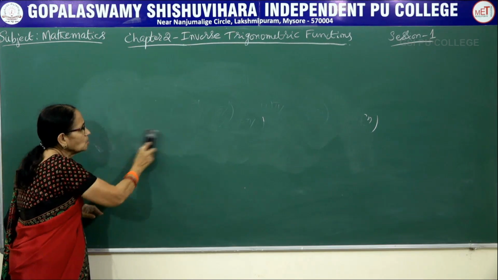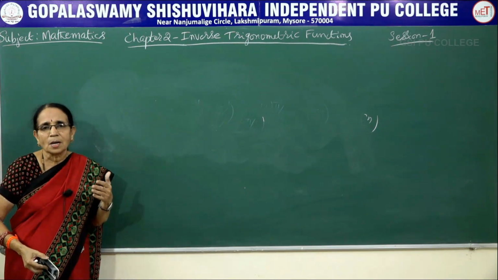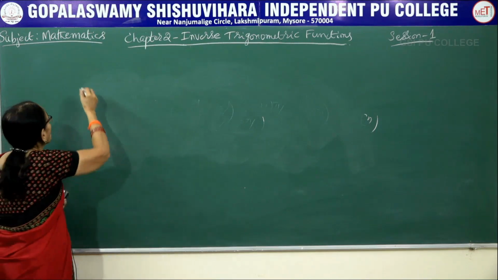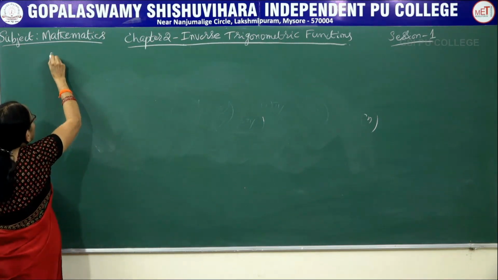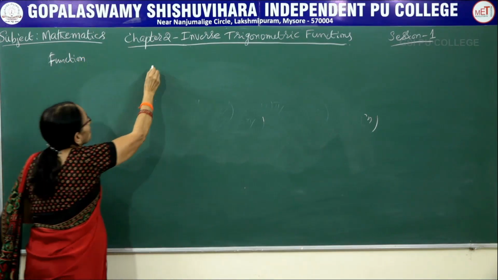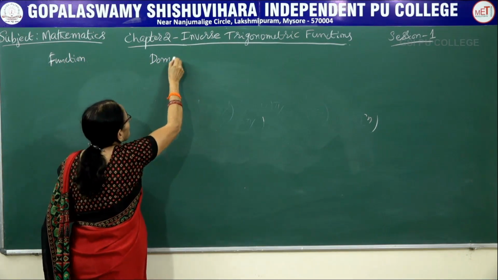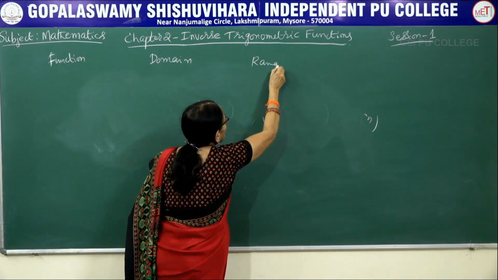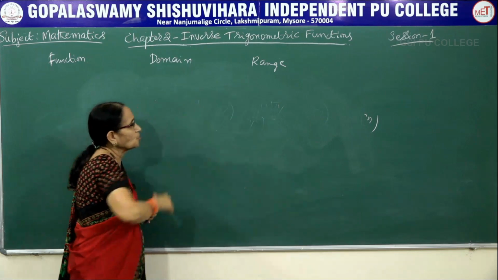Now, let us see what are the respective domain and range of the inverse trigonometric functions. Let me write the function here, and then the domain and then the range here. Better you remember this information.